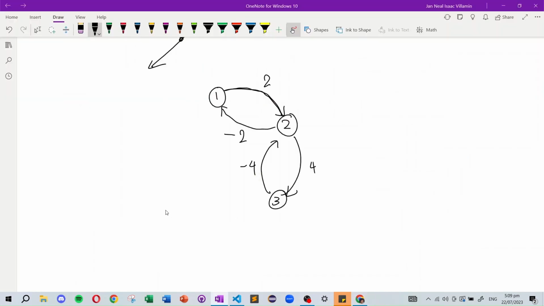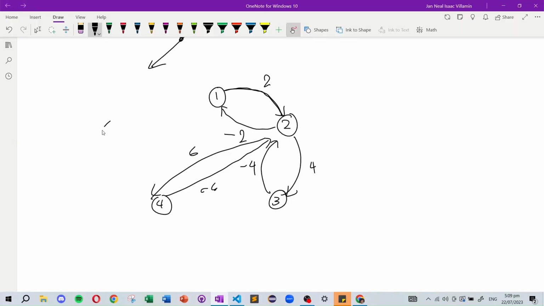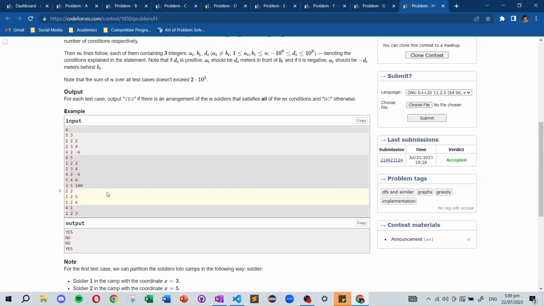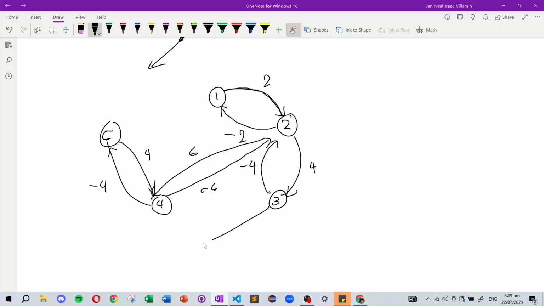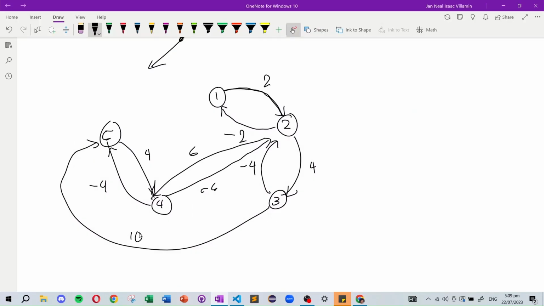For 4 and 2, there's a connection from 4 to 2 with a weight of negative 6, and 2 to 4 with a weight of 6. 5 and 4, so 5 to 4 there's 4, I think, and then 4 to 5 there's negative 4, and then 3 to 5 with a weight of 100, and 5 to 3 with a weight of negative 100.